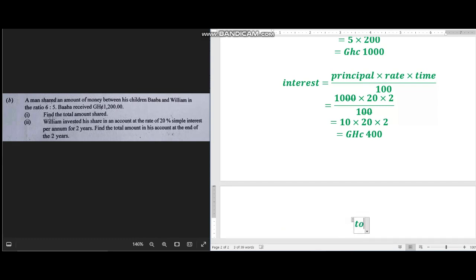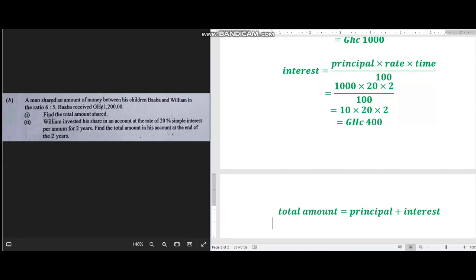So total amount is giving us principal plus interest. That means the money he has invested plus the interest will give us the total amount he's going to get at the end of the 2 years.